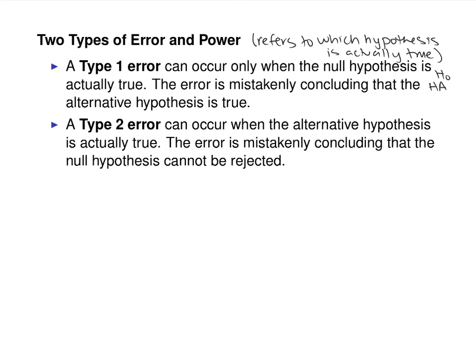So a type 1 error can occur when the null hypothesis is true, so H naught is true, but you reject H naught.